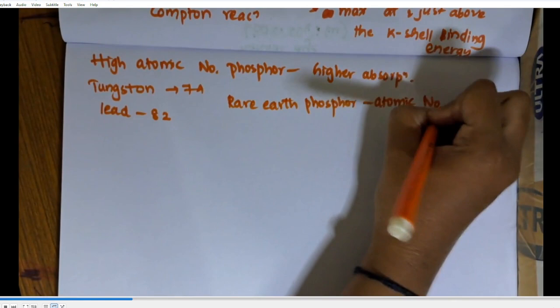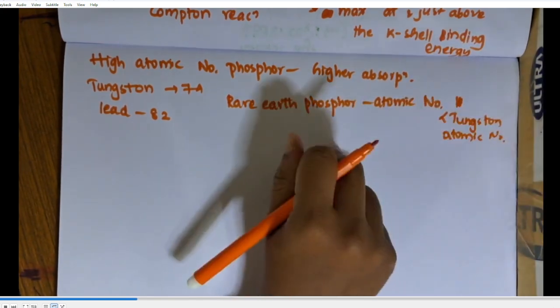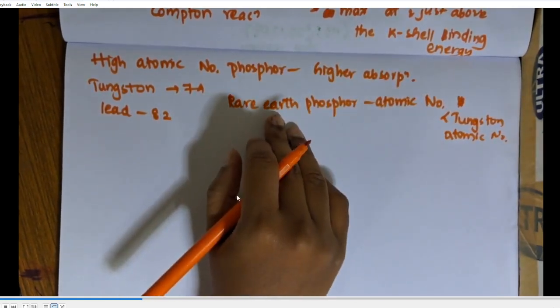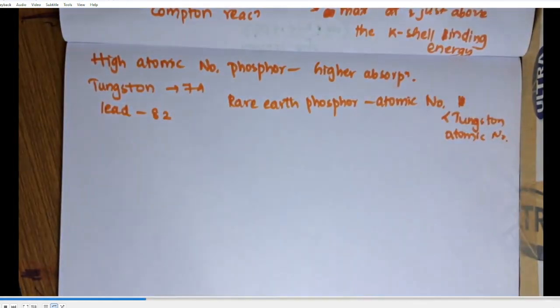It is interesting to note that the input phosphor of image intensifier screens has evolved from zinc sulfide to cesium iodide. Actually, now we use rare earth elements with atomic numbers less than tungsten. Each of the phosphors used in the new fast intensifying screens, or rare earth screens, has an atomic number lesser than that of tungsten.